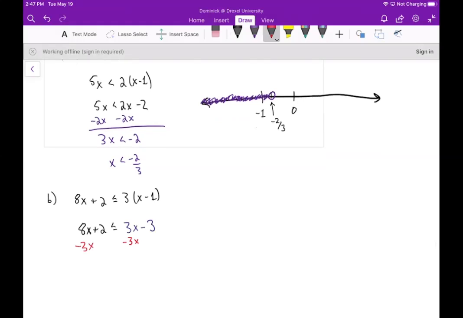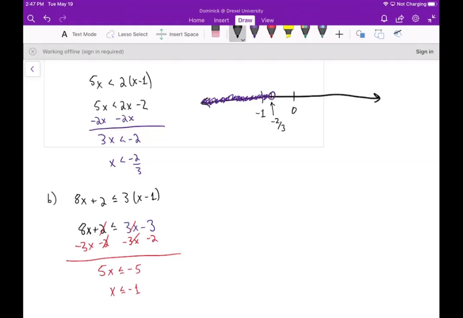If you were to instead subtract the 8x from both sides, then you would have a negative and you'd have to worry about flipping the sign. We'll subtract the 2, the same step here. Then these cancel and so do these, and we're left with 5x ≤ -5. Once I divide by 5, I get x ≤ -1.